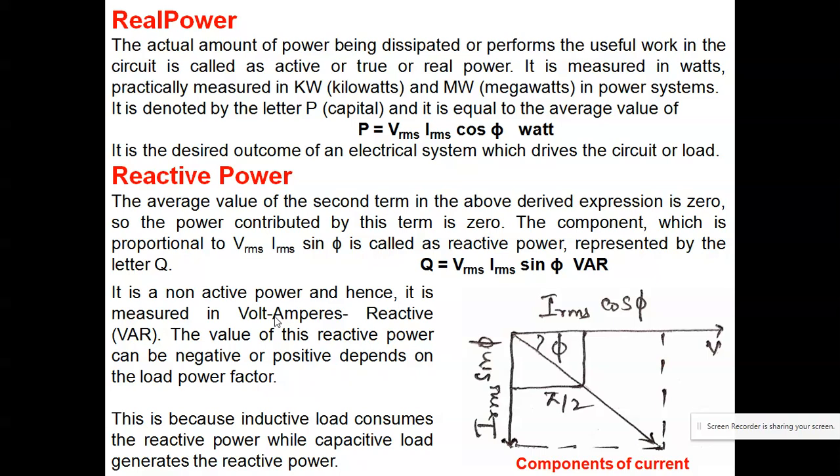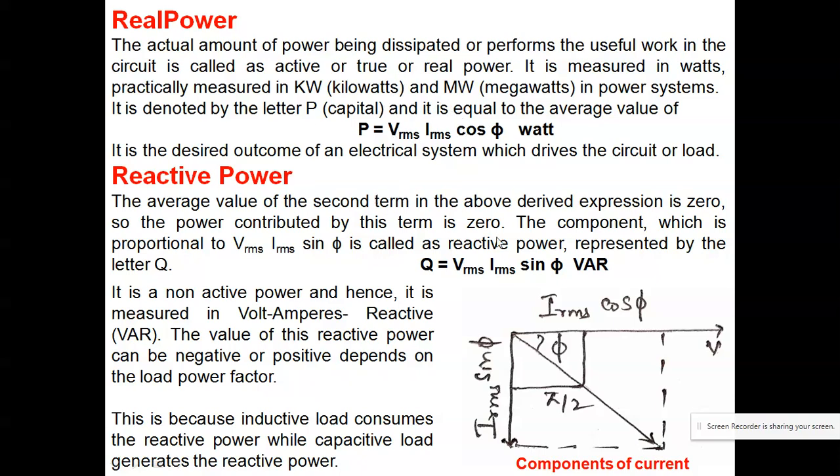It is defined by the capital letter P, and it is equal to Vrms Irms multiplied by the power factor. This is nothing but our desired outcome of the electrical system. It is useful power, represented in watts, and it drives the circuit or load.